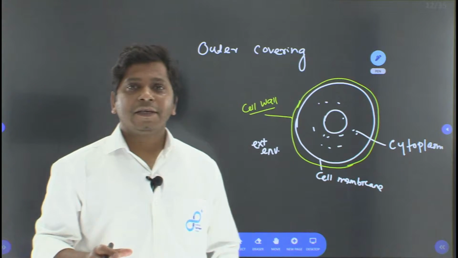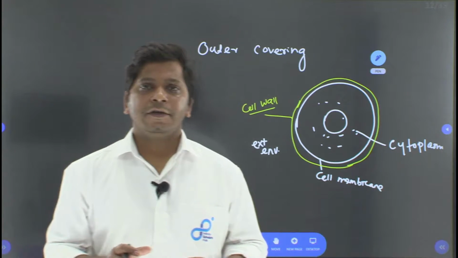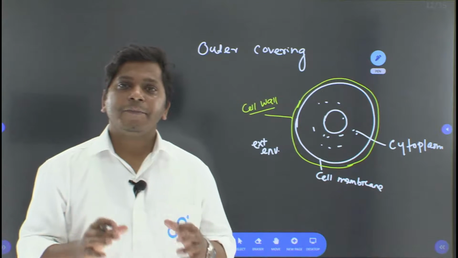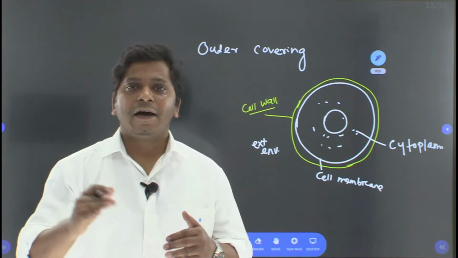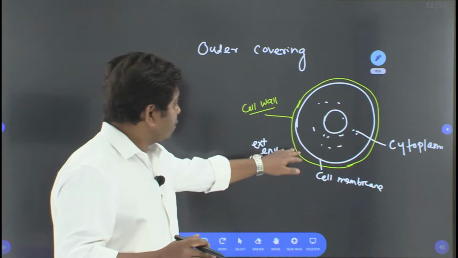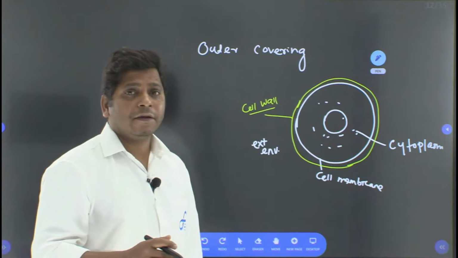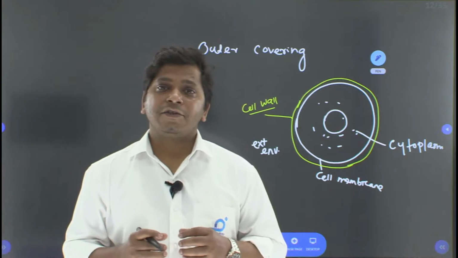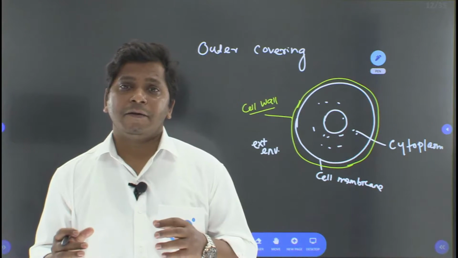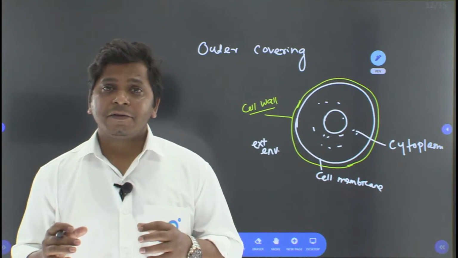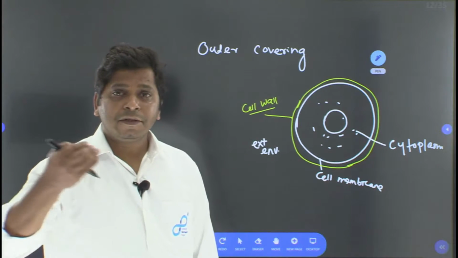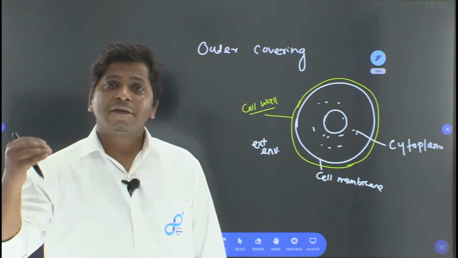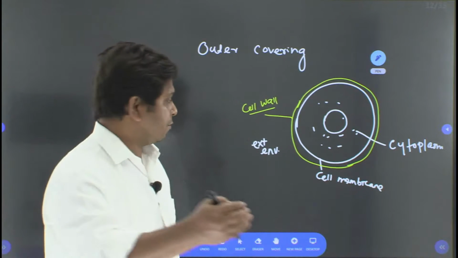The cell wall is extremely rigid in structure, and it is freely permeable to most of the molecules in and out of the cell. Why does the cell need to have a membrane? It needs to protect its constituents from the outside environment, and in addition to that, it should only allow certain molecules to come inside the cell and certain molecules to exit outside the cell.